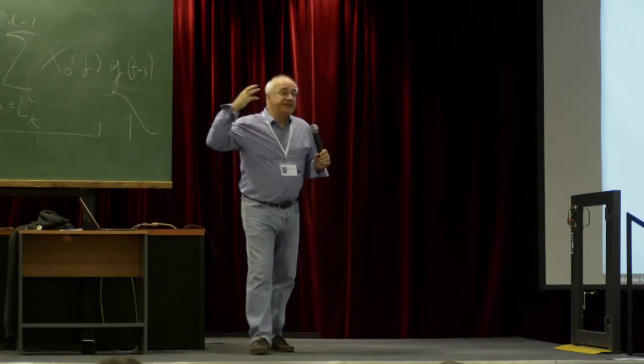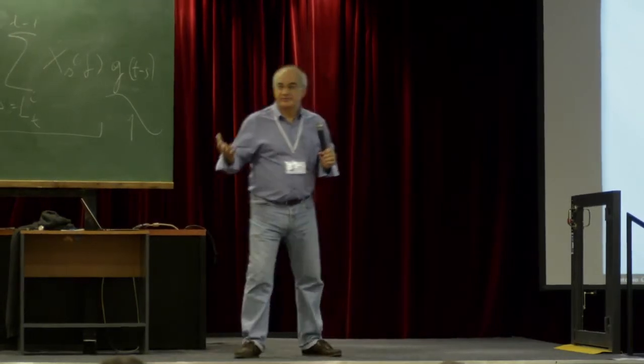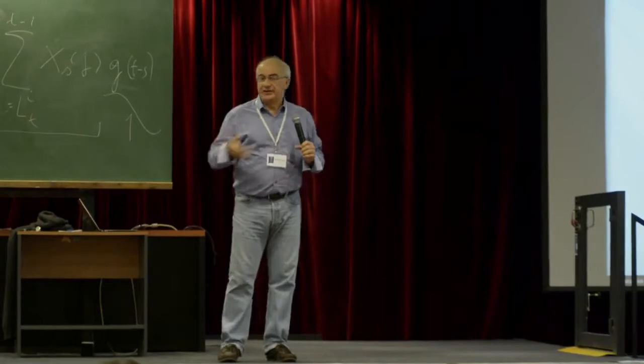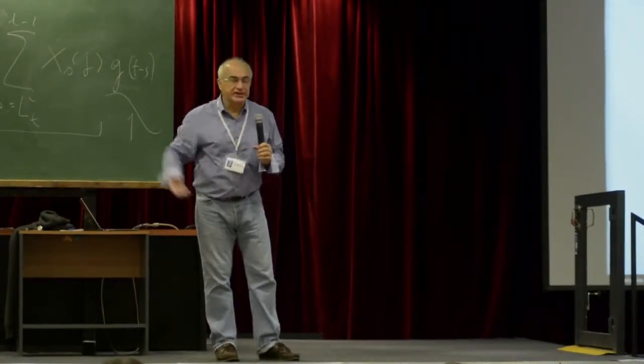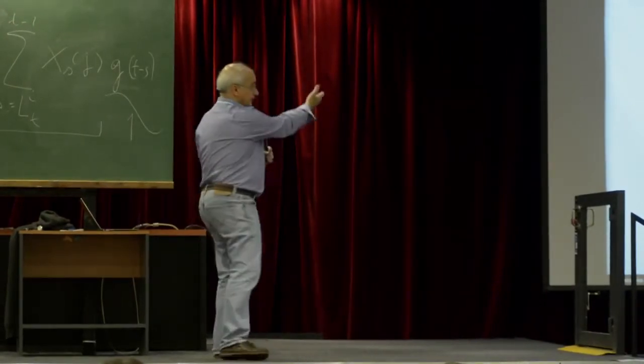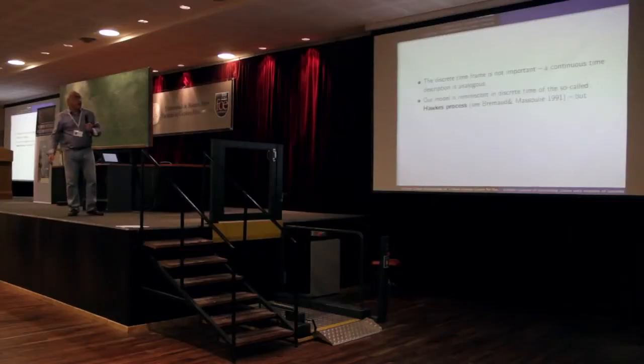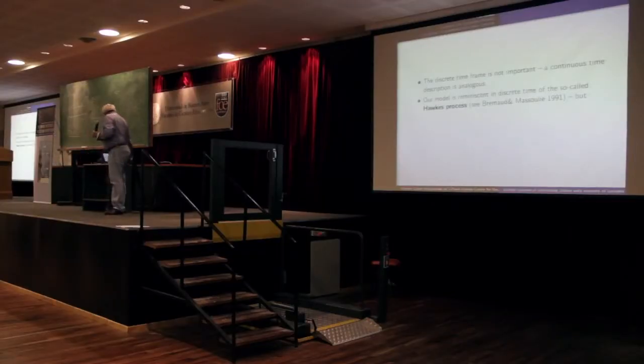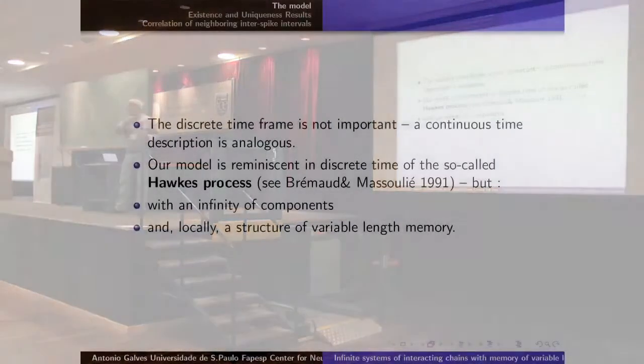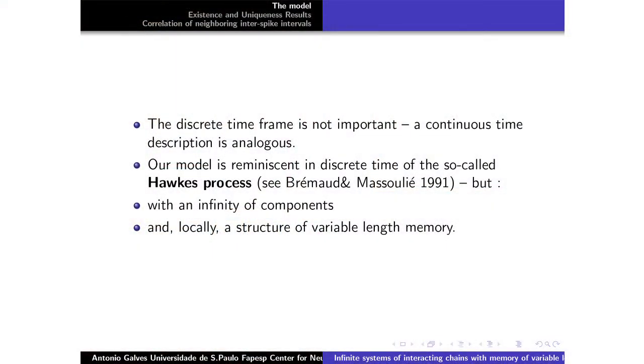Our model is reminiscent of the Hawkes process. In discrete time, that could be continuous time. It's reminiscent, for instance, of a wonderful paper by Brémaud and Massoulié, but we have an infinite number of components, and Hawkes processes are usually considered in a finite framework.